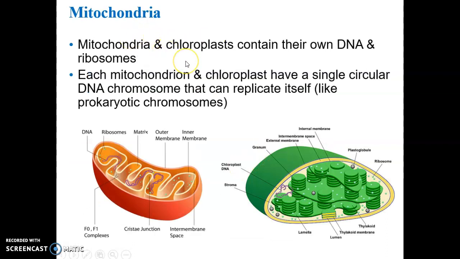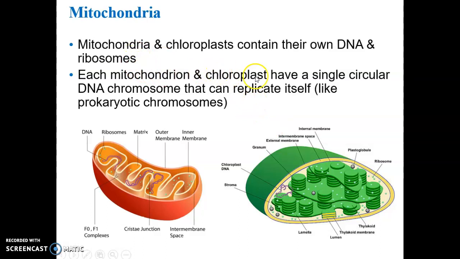So the mitochondrion and chloroplasts, they have their own DNA and ribosomes internally. And that's because the mitochondrion and chloroplasts way back in time were consumed by a cell that eventually evolved into a eukaryotic cell. We'll get to that in a minute.